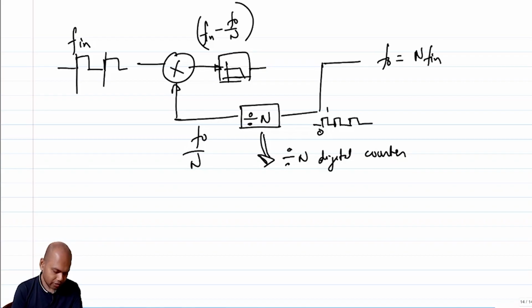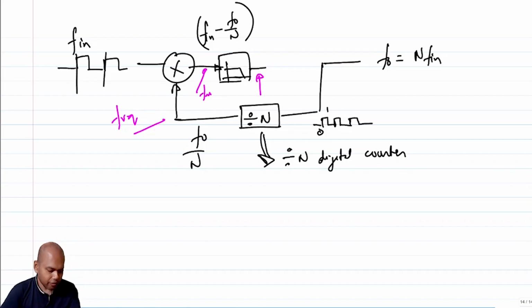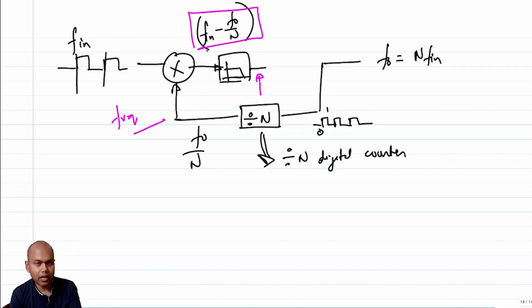Before I move forward, the stuff that we need to be aware of is the fact that the variable of interest here is frequency. The variable of interest here is also frequency. What is the variable of interest here? What do I get? When I say that I'm getting a waveform of f_in minus f_naught by N, here it is a slowly varying waveform, right?